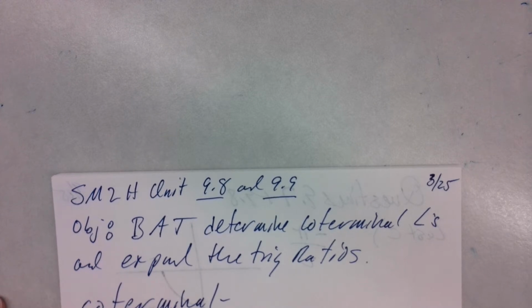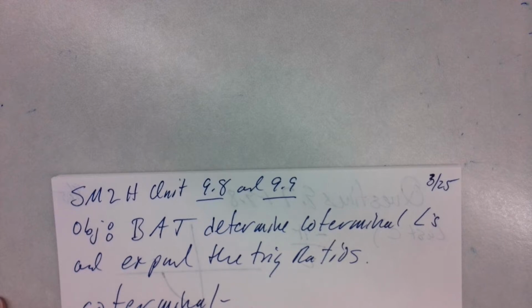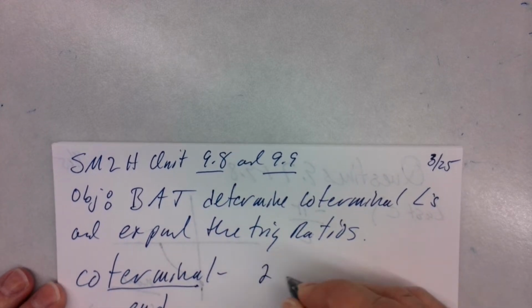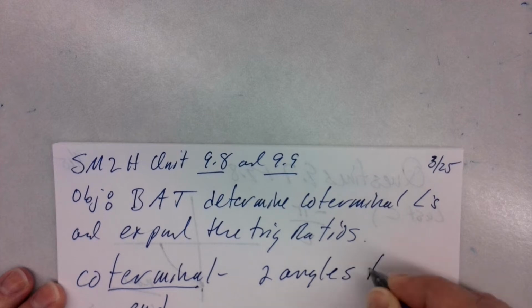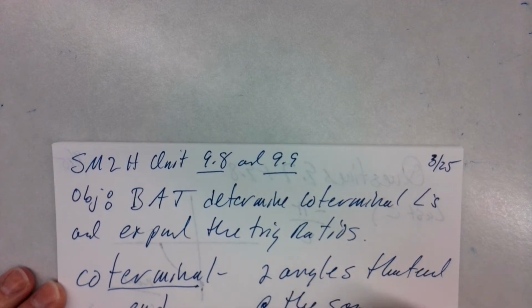The terminal is where I stop being on the ground and I start to be in the air, right? Terminal comes from terminate, which means to end. So coterminal simply means 2 angles that end at the same place.